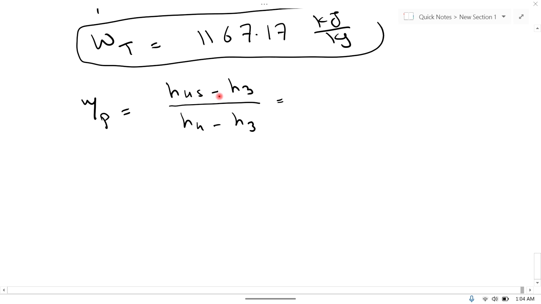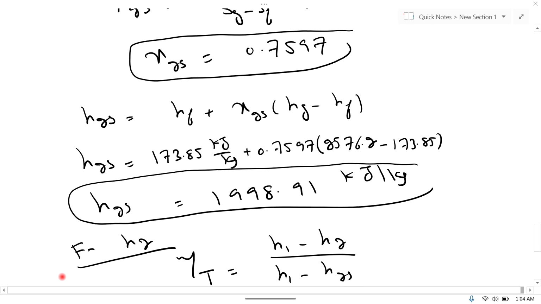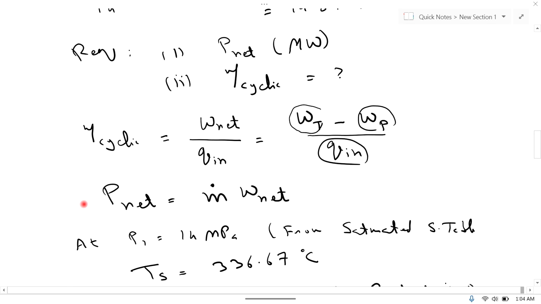H4S minus H3 is the ideal work of the pump, and H4 minus H3 is the actual work of the pump, and this is clear from the TS diagram of the Rankine cycle.